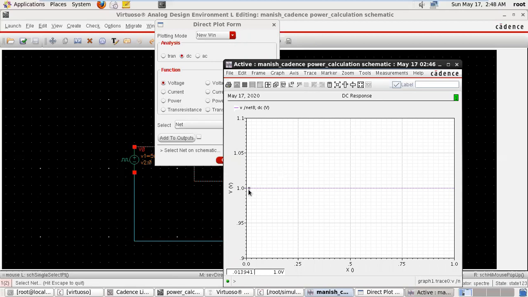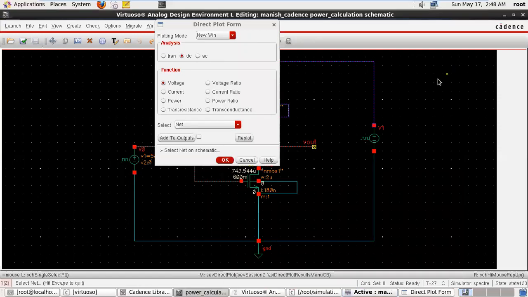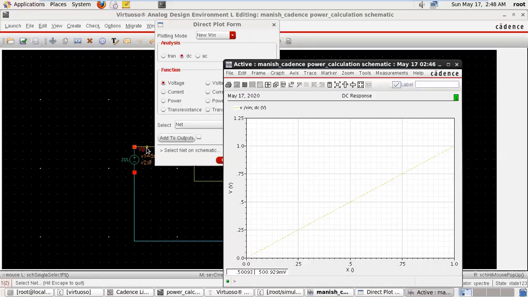Because we have taken the output voltage as 1 volt, this is constant throughout the window. If we select the input node, see the variable x is varying from 0 to 1 volt, and the input voltage is also DC, also varying from 0 to 1 volt. So that is the voltage.